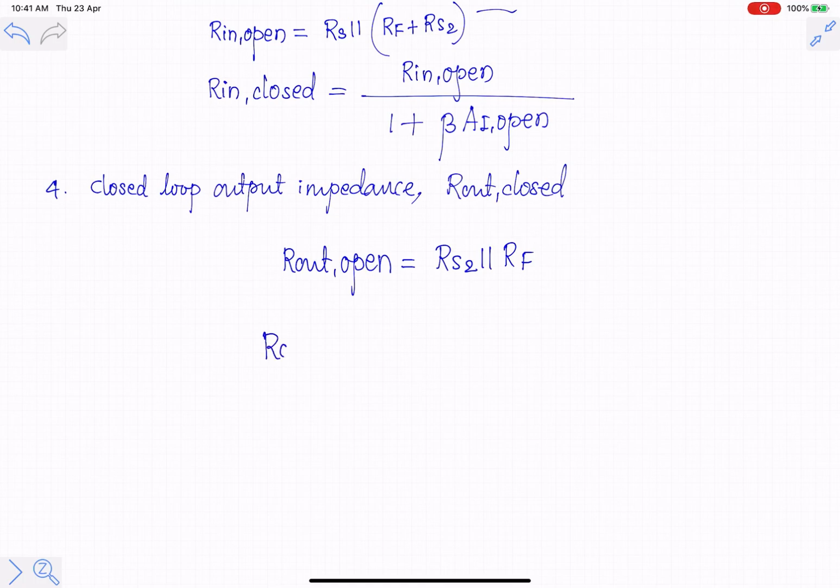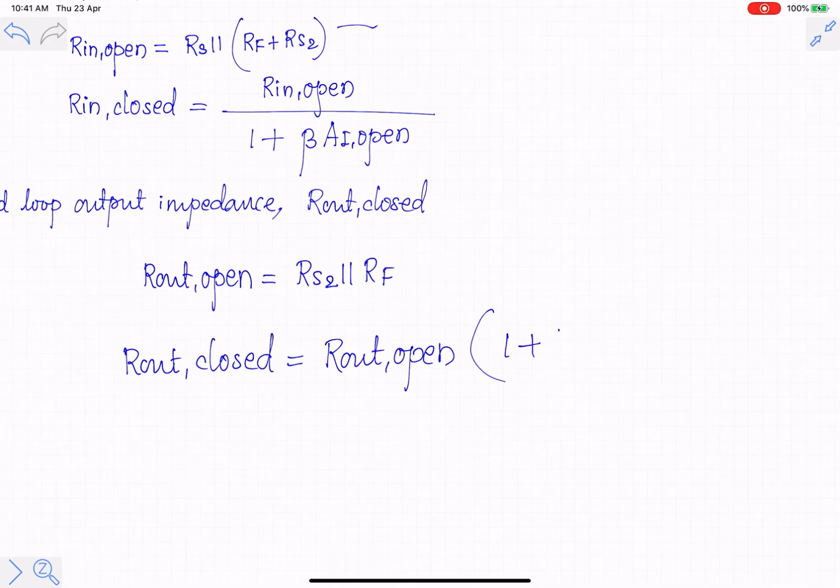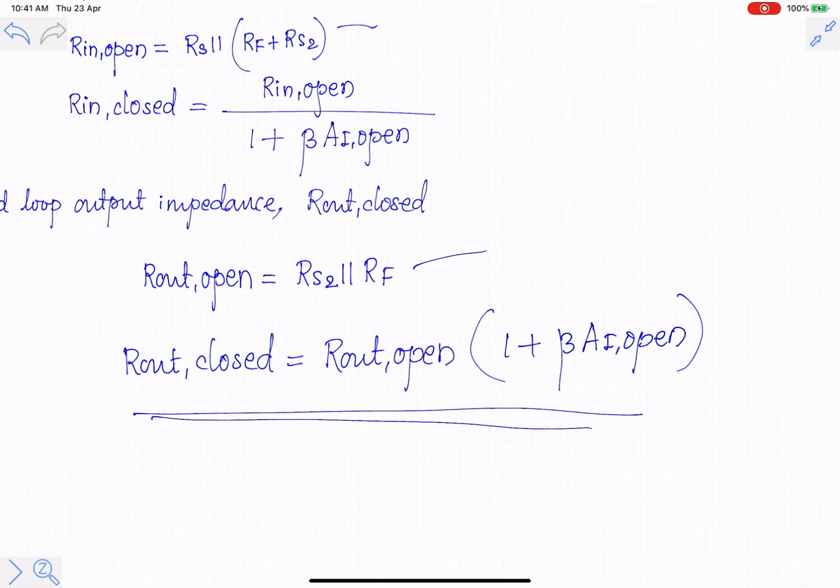So R out closed will be equal to R out open multiplied by loop gain, which is 1 plus beta times AI open. R out open is given here, beta is calculated, AI open is calculated. You have to substitute the values to get the final expression for R out closed.